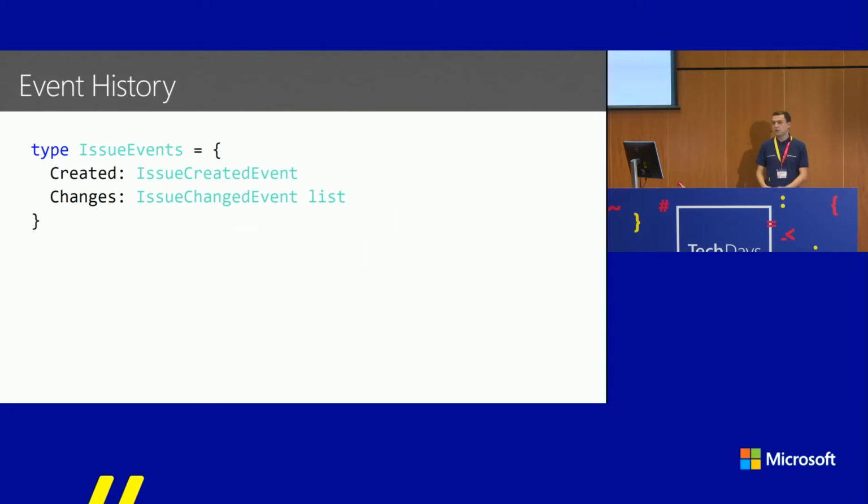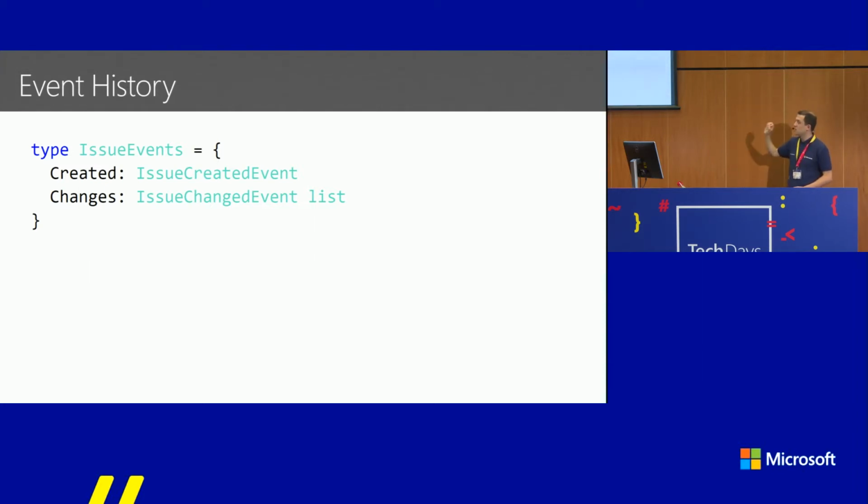I said that we are using event sourcing, so we need a type for this in our domain. And again, I want to model it precisely, so I say that issue events is exactly one created event, always. You cannot have issue history without events. This is non-nullable. All the types in F# by default are non-nullable. You cannot assign null to it.